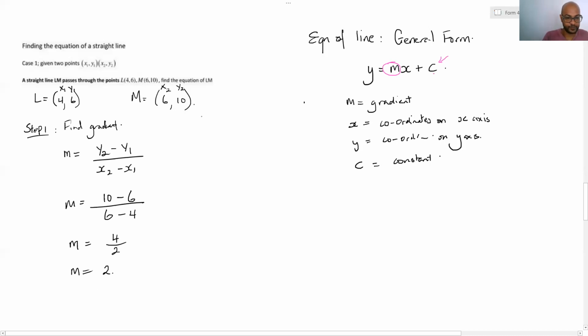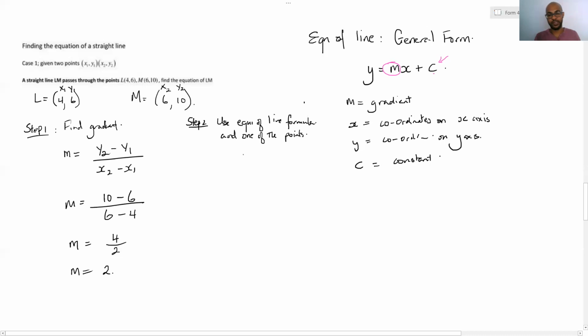Step 2 now. Use the equation of the line formula and one of the points.